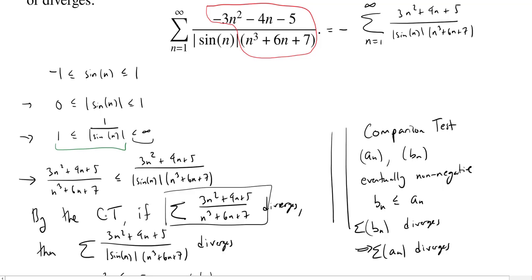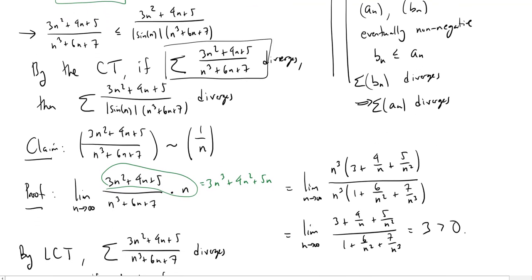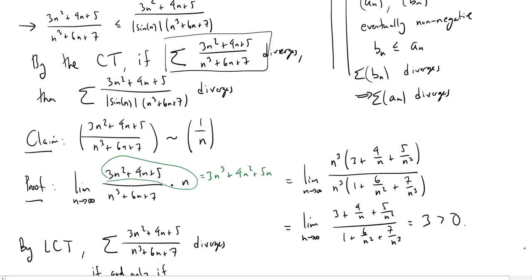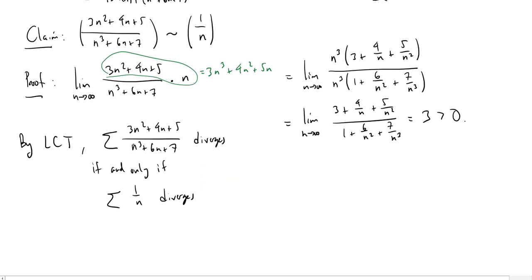However, we could then use the comparison test to get rid of the absolute value of sine, because if you get rid of it, you actually get a bigger series. Then we use the limit comparison test to replace this underlying sequence, which is this complicated rational function, with this very simple rational function, 1 over n, this asymptotically equivalent sequence. And now we just have the harmonic series.